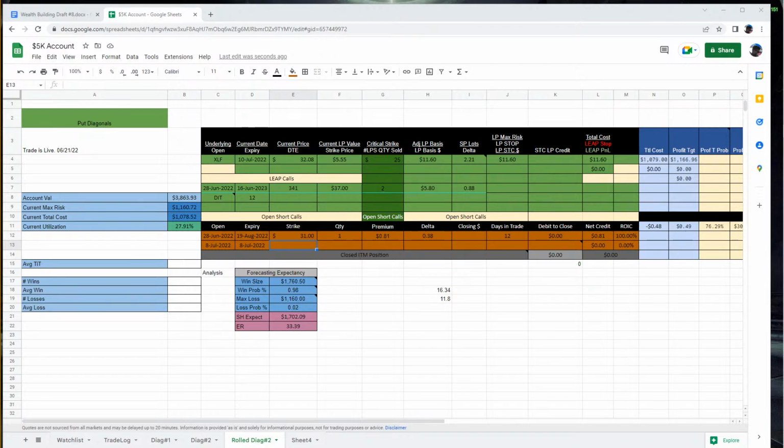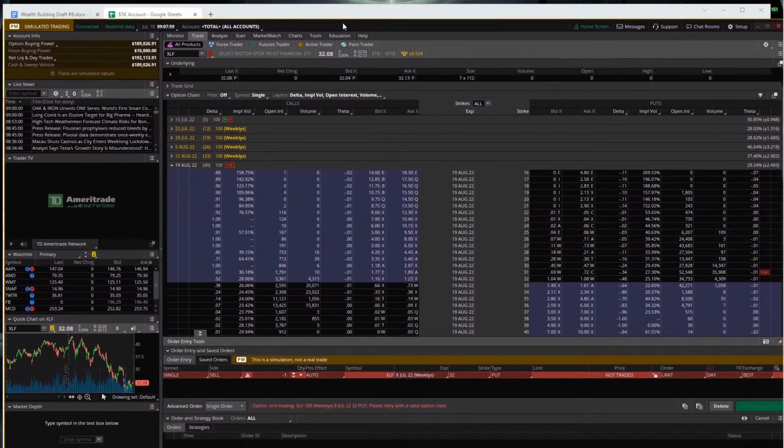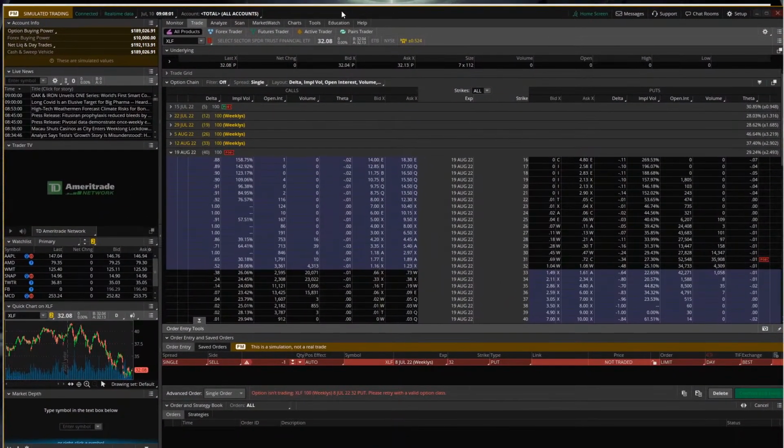I don't know why I seem to like my phone better than the computer version, but Thinkorswim always seems to just do me better. I just understand it more easily, I guess. Let's go right here. This is it. Would you look at that?